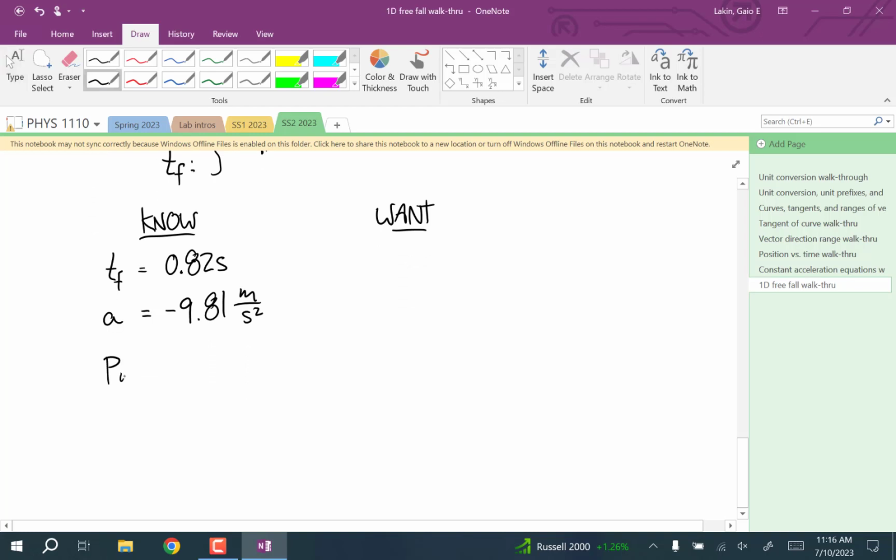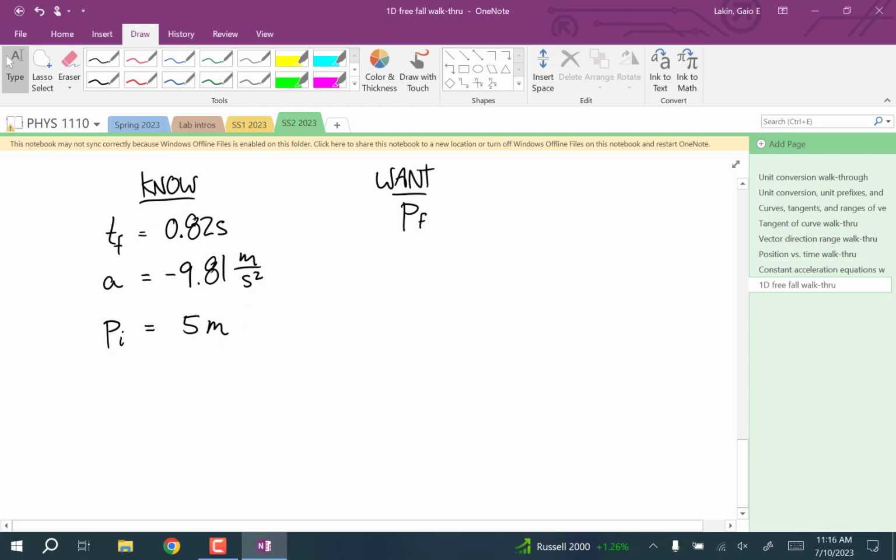P initial is positive 5 meters. We're looking for P final. V initial is positive 8 meters per second. V final is 0. So now, is there an equation that works for calculating P final here? Pause the video and see if you can find that equation.